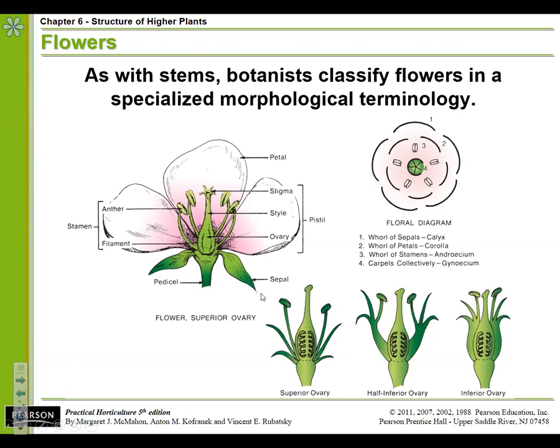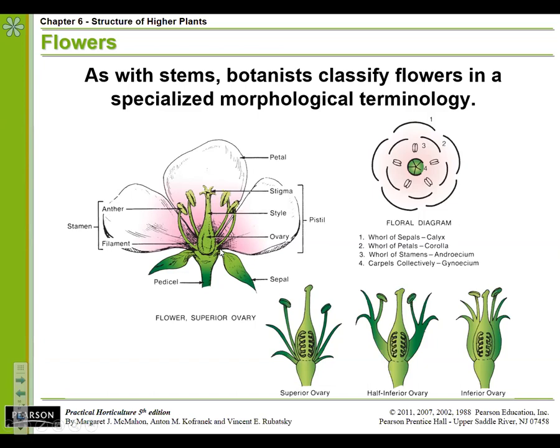And you can actually see it on this apple here. The sepals are here still attached on the bottom. And that's because of the arrangement of the ovary. The ovary, like in the picture here, is above the sepals. So the sepals, when it develops into the fruit, are still connected.